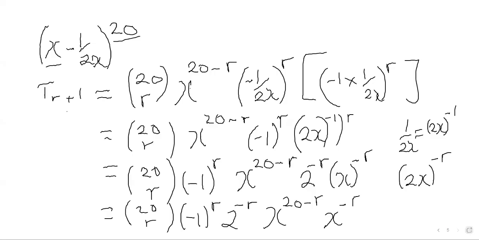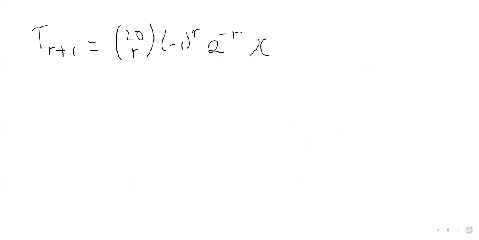So regrouping this together gives us T(r+1) equals 20C r, we have negative 1 here to the power r, and 2 to the power negative r, and we have x to the power what?